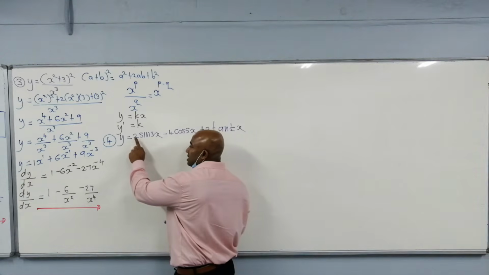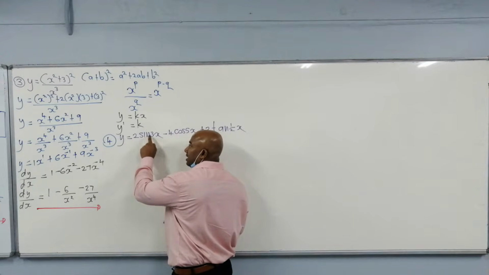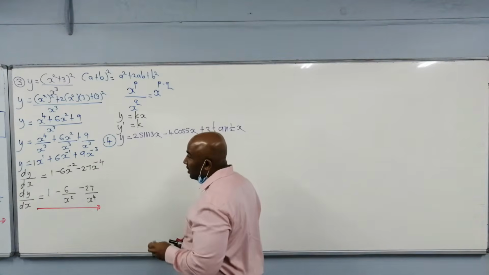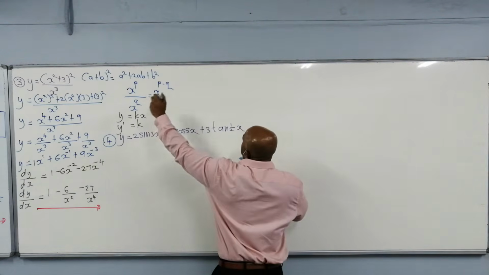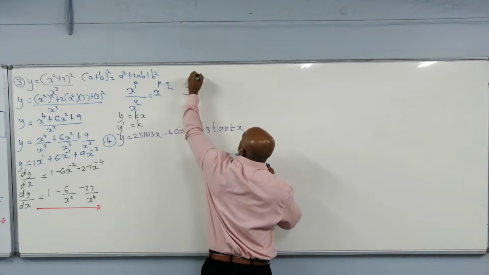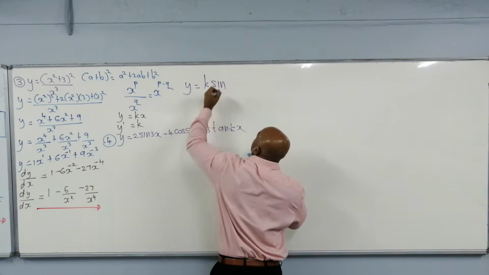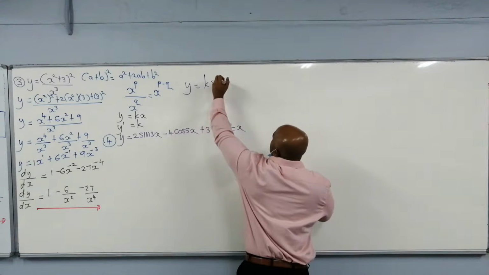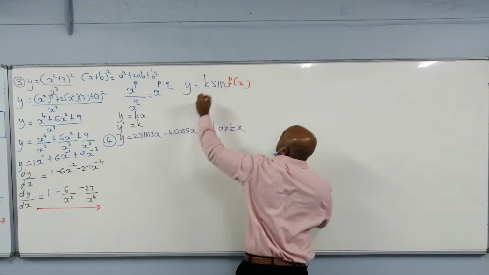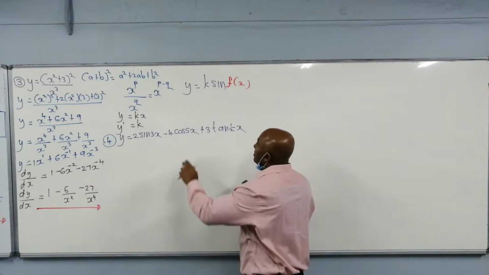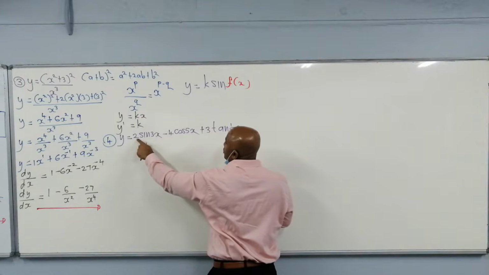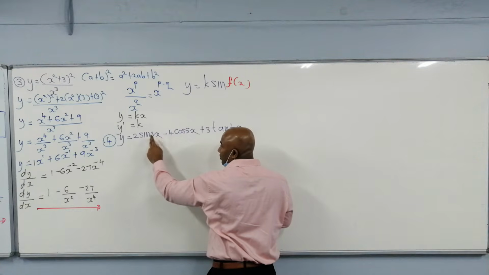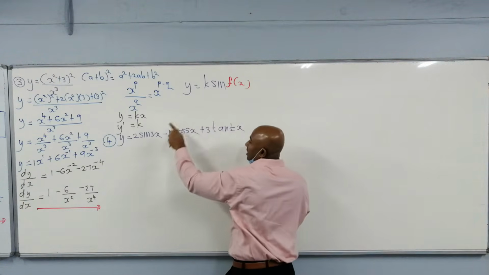Here you read this. This is 2 sine. Now notice, how do I have it written down there? You've got y is equal to k sine and then your function of x there. So that's f of x. If we compare here now, the number in front there is 2, sine of your function of x here is 3x.